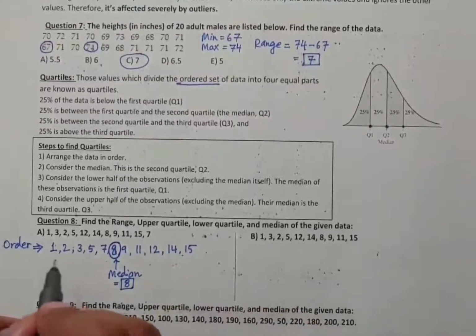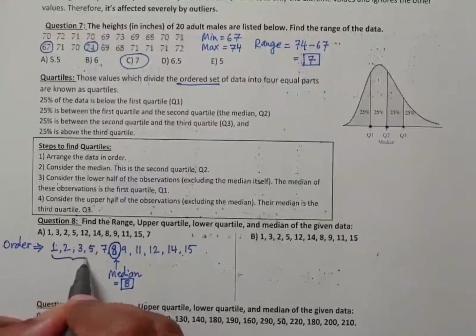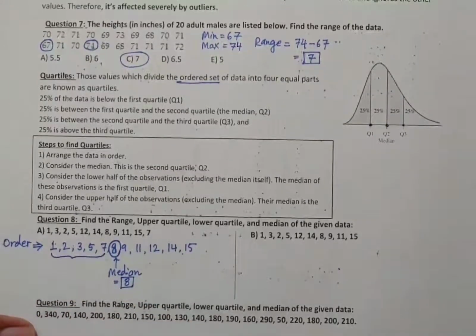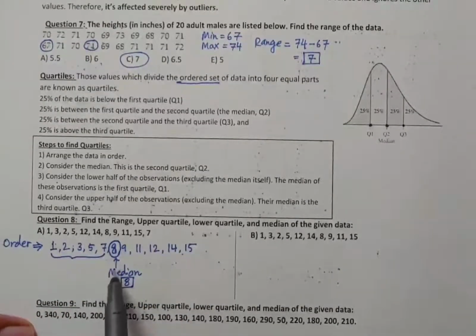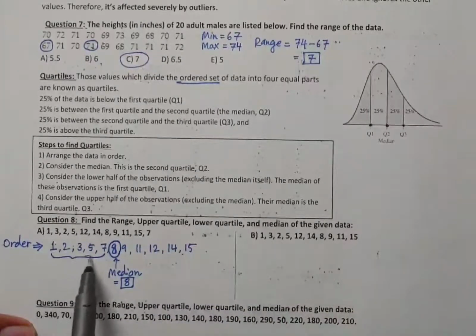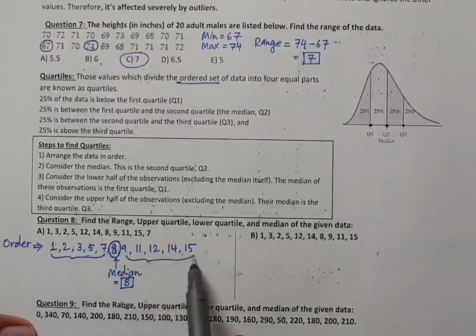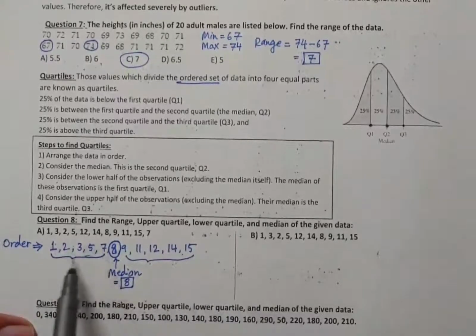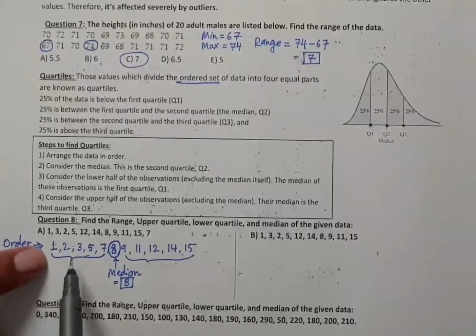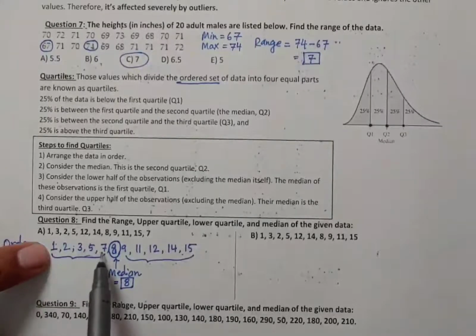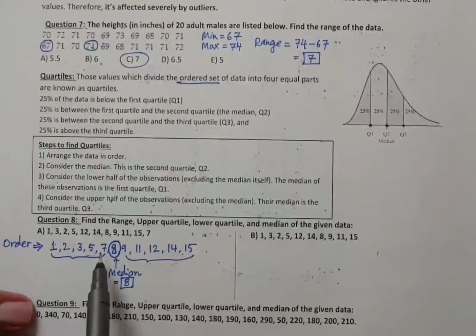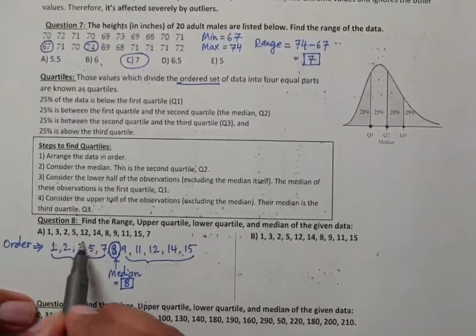Now take the first half. Don't include the median, because you got the median, so you are done with it. Just take the first half, and then starting at 9, take the second half, and find the median in this half. In the first half you have 5 numbers, right? Which one is the middle? 3.